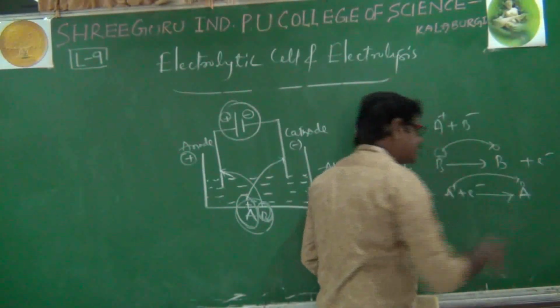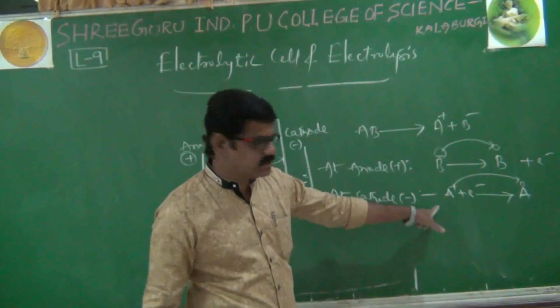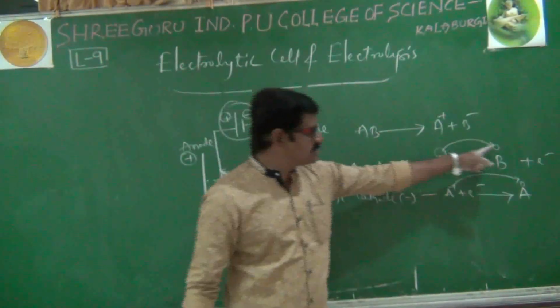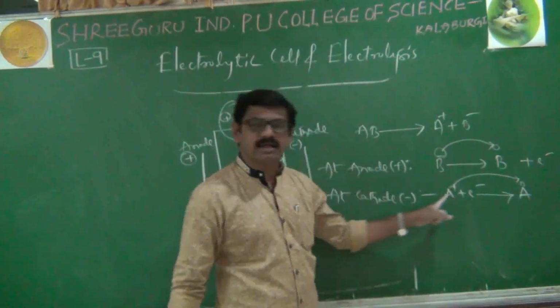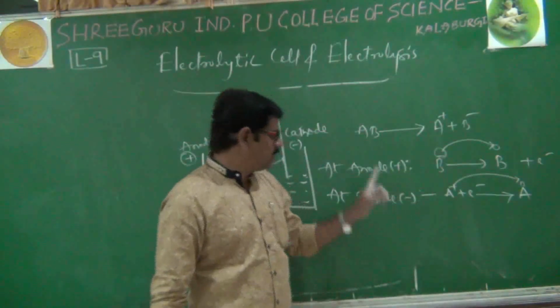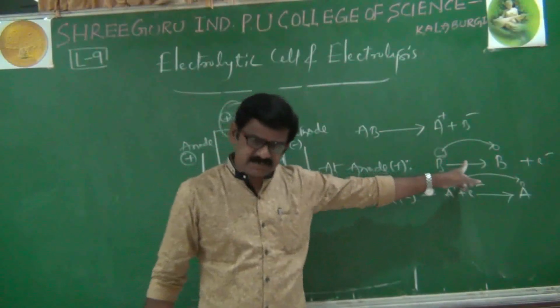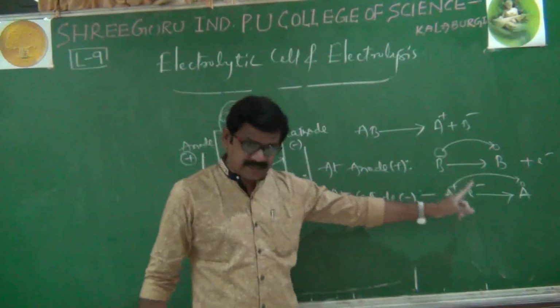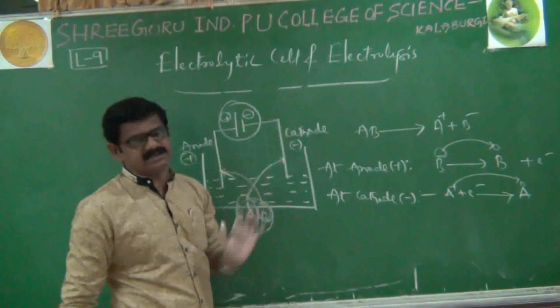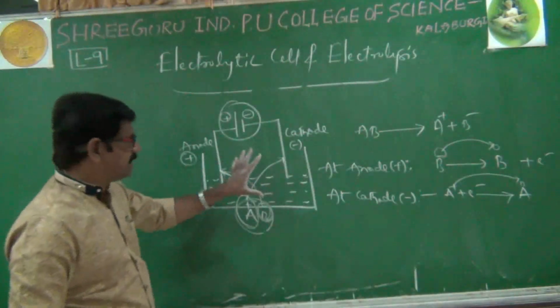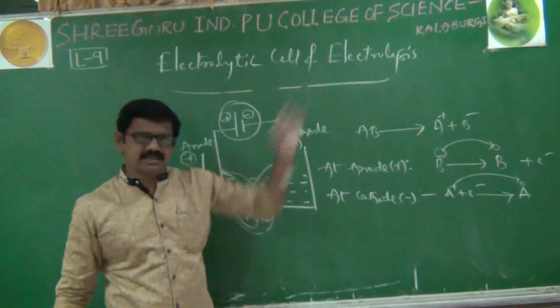A decrease in oxidation state is nothing but reduction. See here once again: increase in oxidation state or loss of electrons, decrease in oxidation state or gain of electrons. At the anode oxidation takes place, at the cathode reduction takes place. This phenomenon is called the electrolysis process.